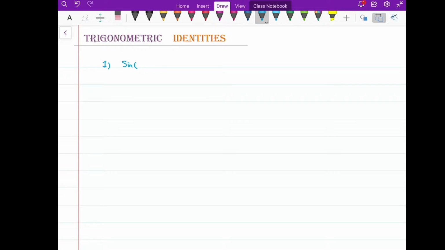Sine of any x plus 2 pi is equal to sine of x, and cosine of any x plus 2 pi is equal to cosine of x. Basically, if you add 2 pi to your angles, then sine and cosine would be the same.